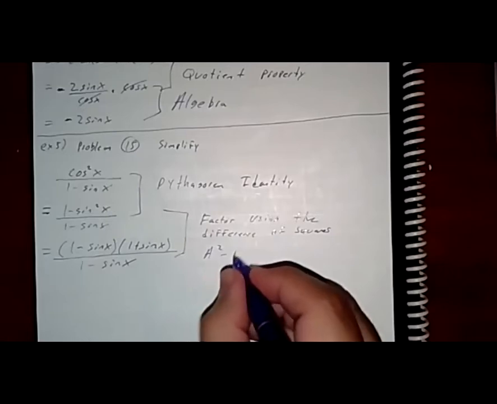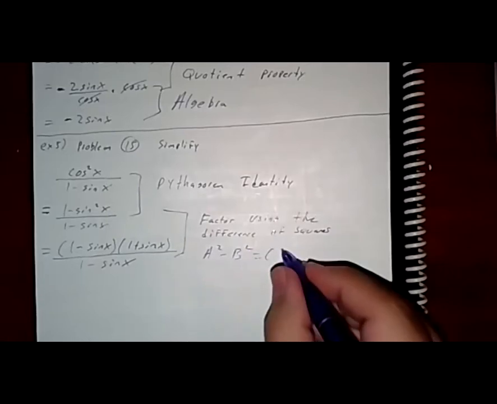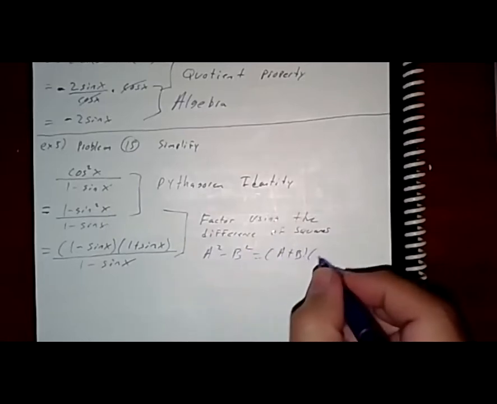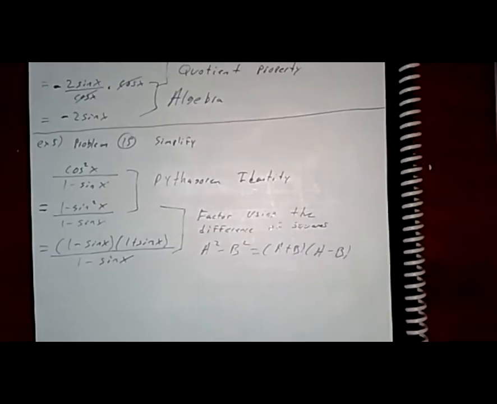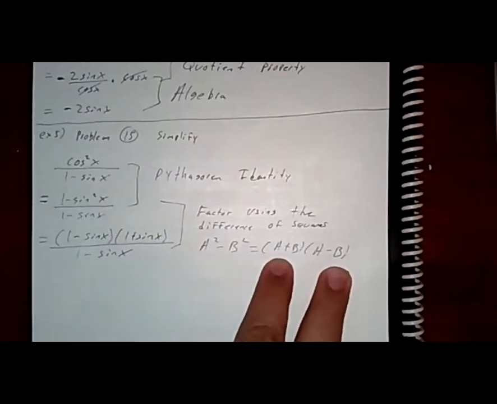A squared minus b squared is equal to a plus b times a minus b, right? Is that familiar? So we had a squared minus b squared. That was our difference of squares. So this factored into a minus b times a plus b. That is this formula here.